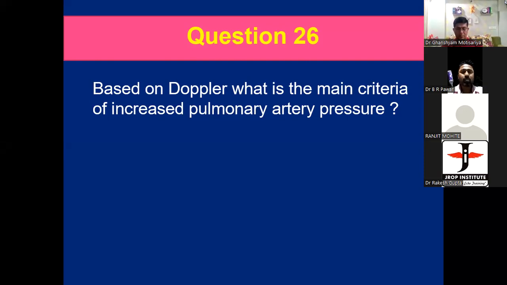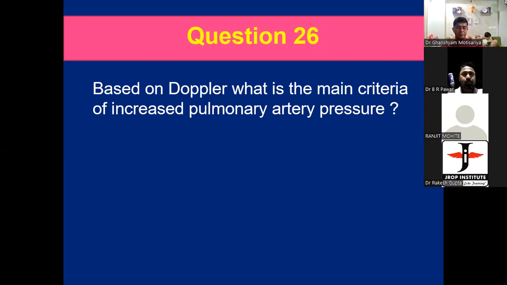Yes, sir. So if you calculate TR jet velocity, suppose TR jet velocity is 3 meters per second, that becomes 36. You add RA pressure to it. Suppose the RA pressure is 5, so it's 40, correct? Yes. So peak pulmonary artery pressure is 40. The mean pulmonary artery pressure will be 40 into 0.6 plus 2.1. 24 plus 2.1 would be 26.1.